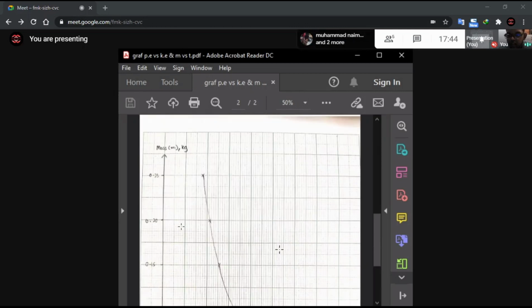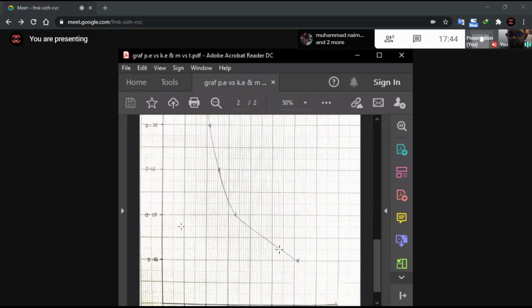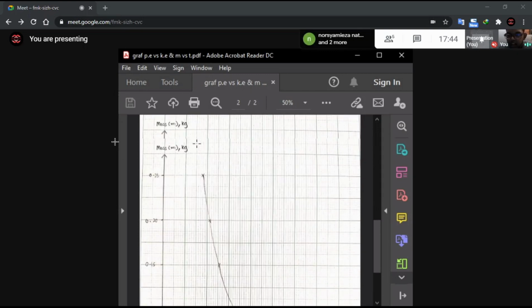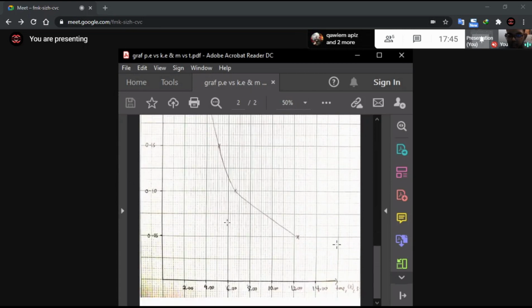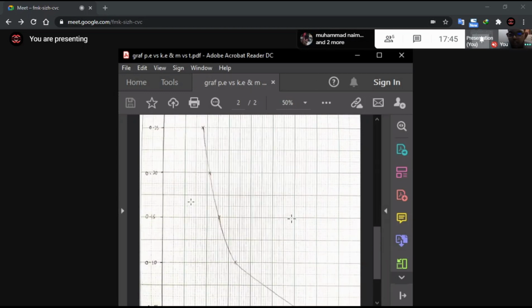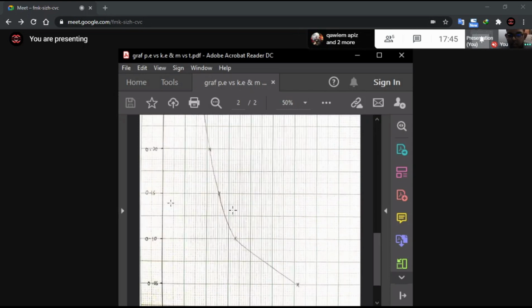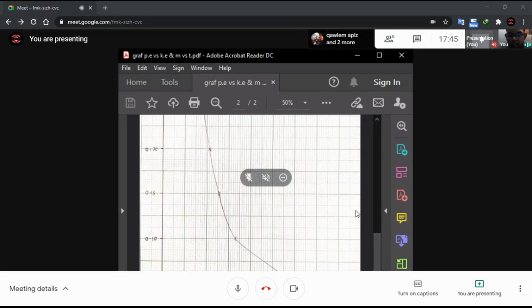We can conclude that the relationship between mass and time is that the higher the mass, the more time it takes. From calculation, the slope obtained from this graph is equal to 0.04 meters.